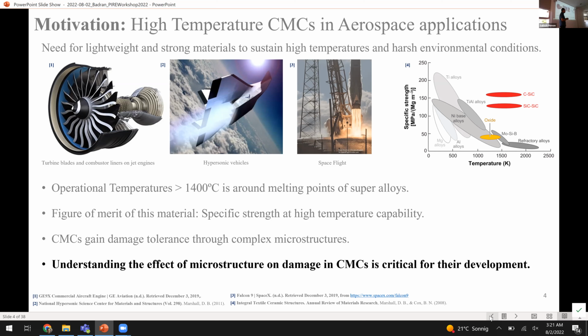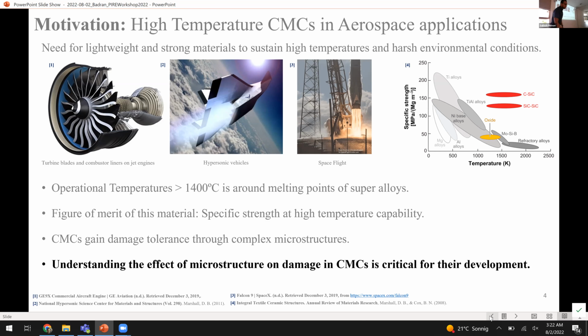So in order to achieve that toughness and damage tolerance, CMCs have silicon carbide fibers with a coating around them to provide that weak interface so that a material can break with cracks propagating through the matrix without damaging the fibers right away. So how do we get to this part where we understand the effect of microstructure on damage?